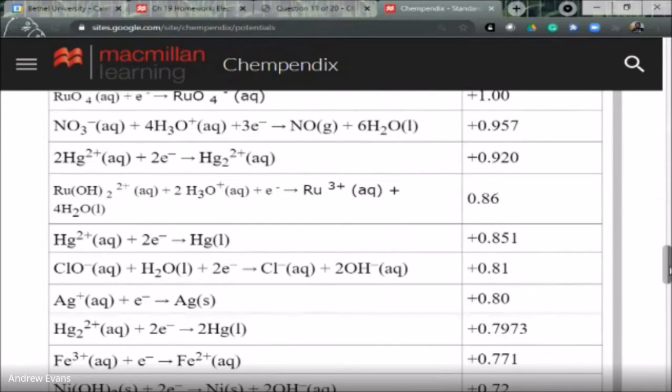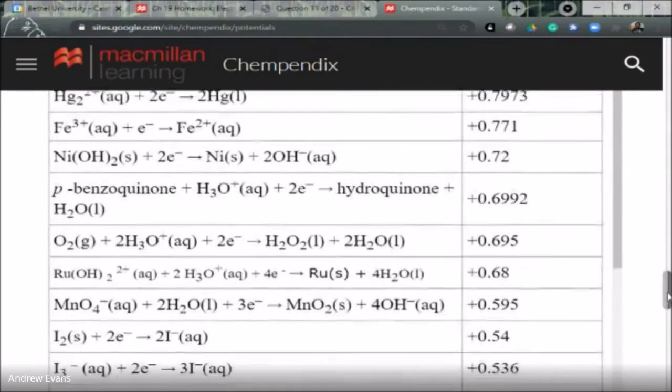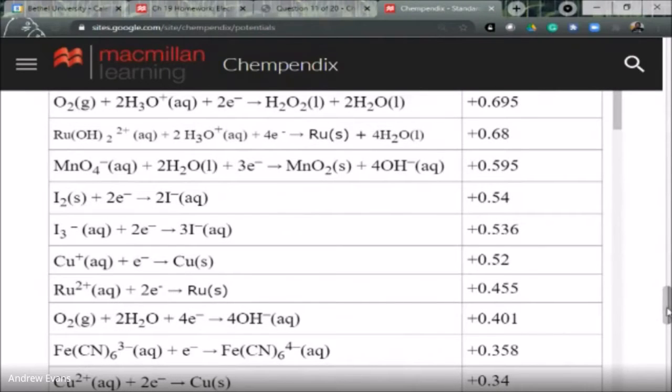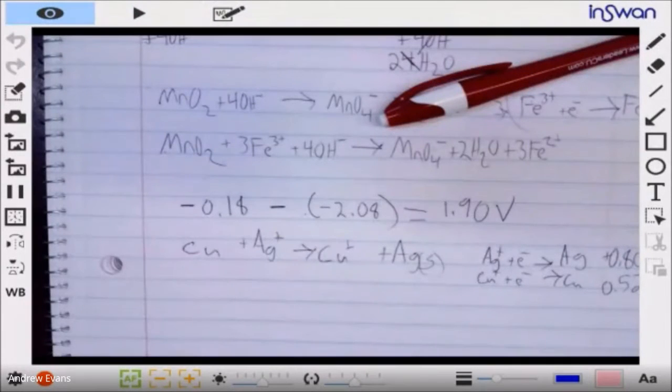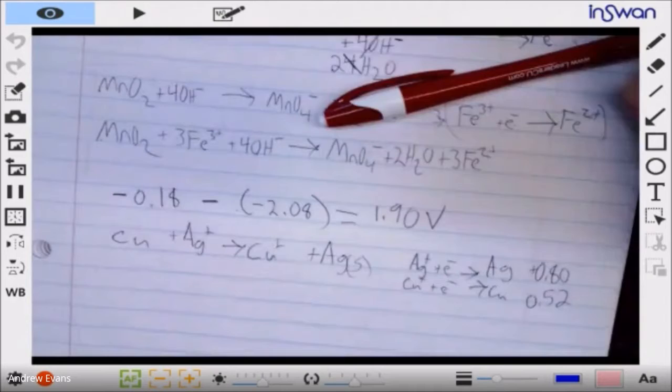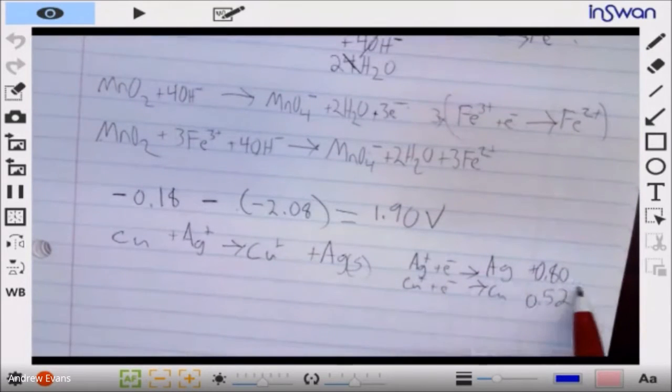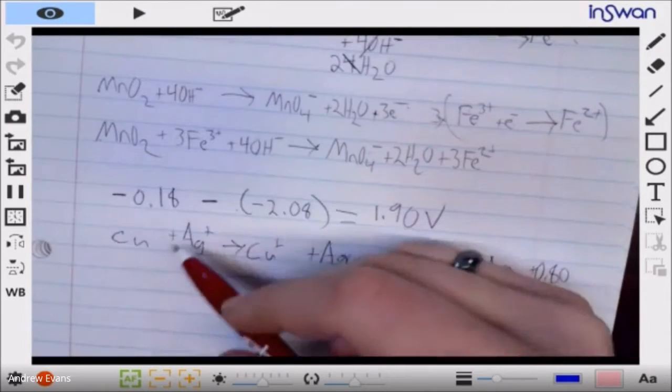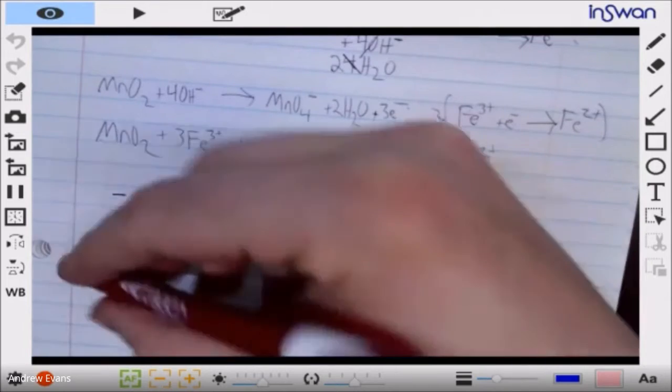And then we have to look for copper. So there's copper+ and 1 electron goes to copper solid, and that's 0.52. Now, how do we do this? We have silver as written, which is the reduced.